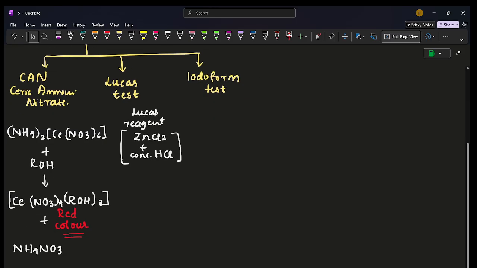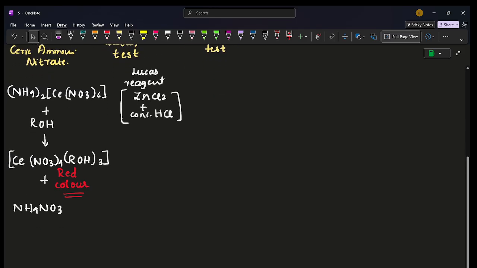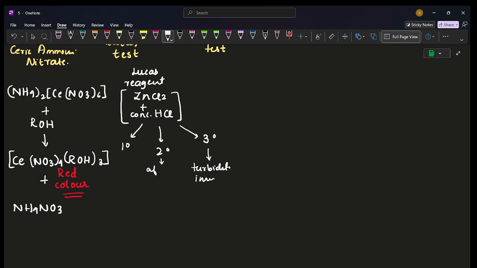Okay, so you'll have primary, secondary, tertiary alcohol. Primary, secondary, tertiary. I think you know this. Tertiary gives immediate turbidity. Secondary within minutes, and primary is like no reaction. Alright, so this is how it is for the Lucas test.